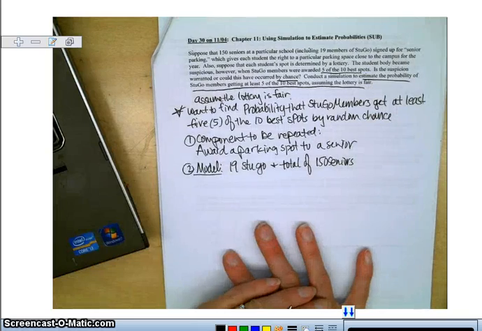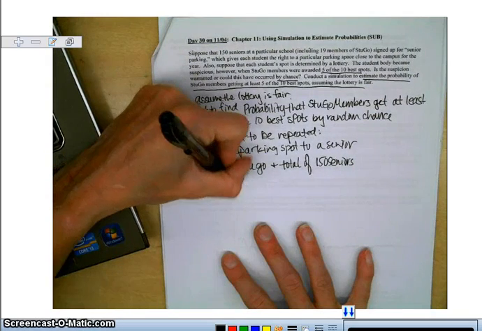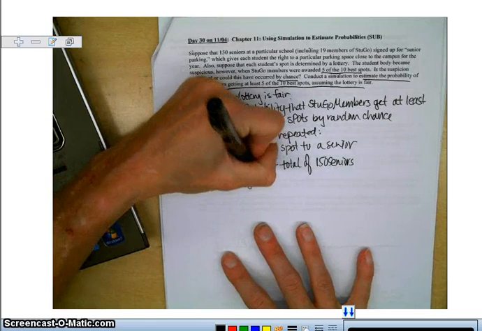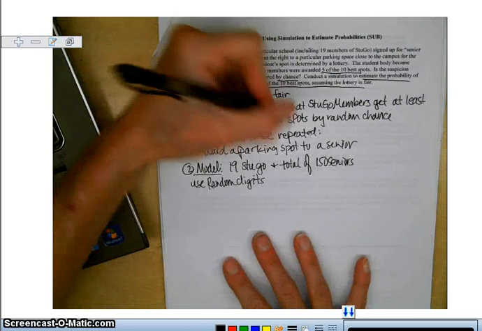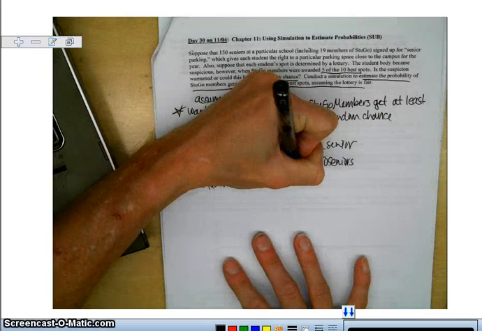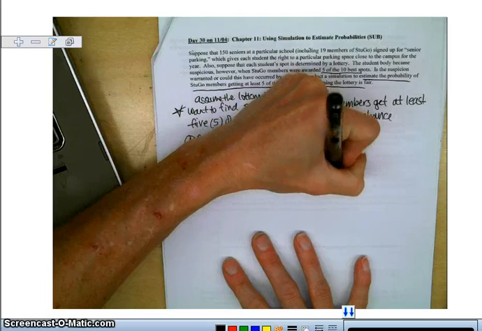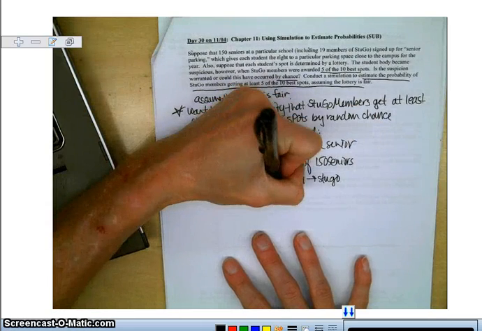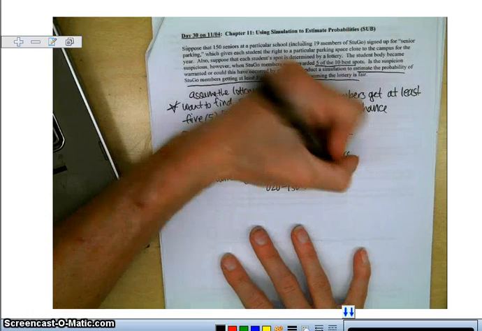I'm going to use random digits. From 001 to 019 will be STUGO, and from 020 to 150 will be non-STUGO.